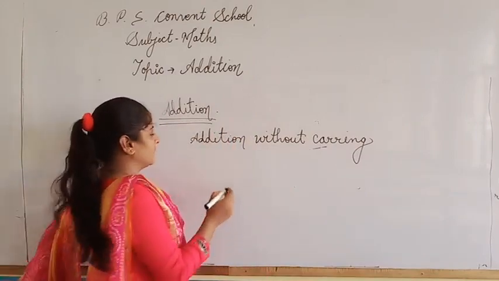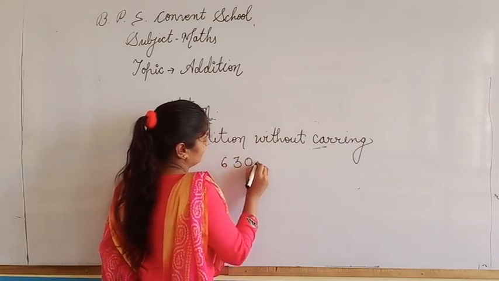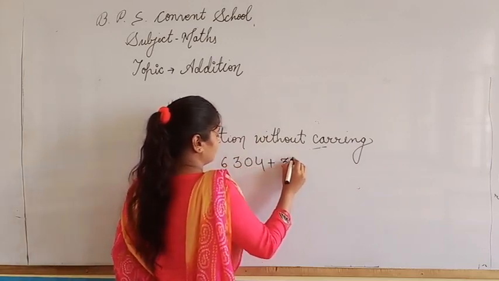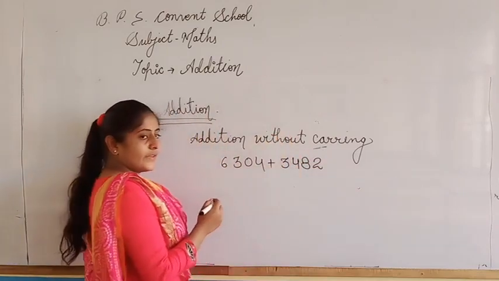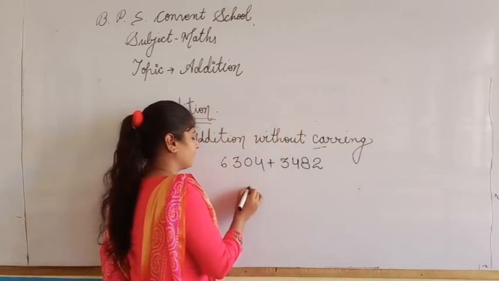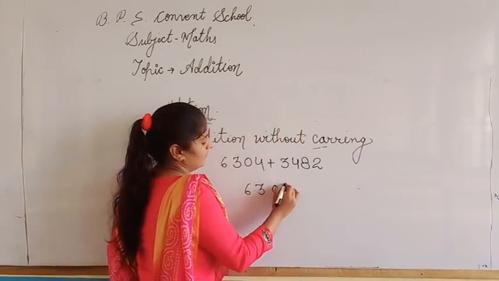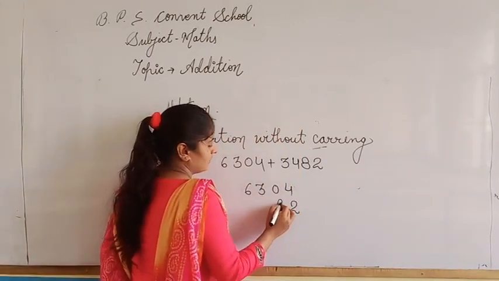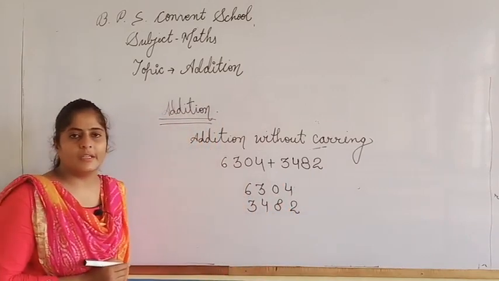One more example. First arranging columns. 7,304 and 3,482.